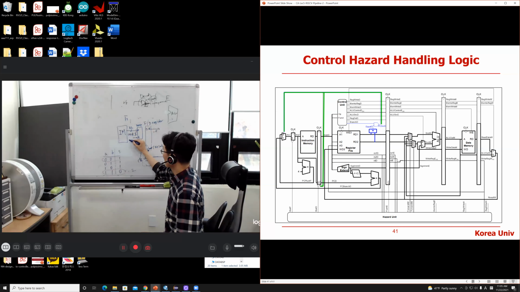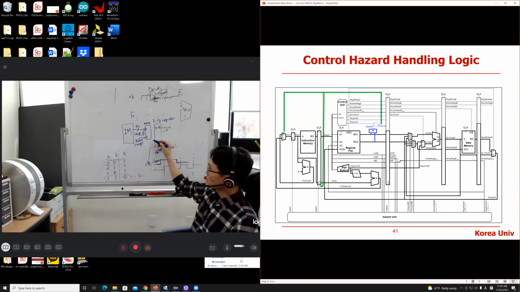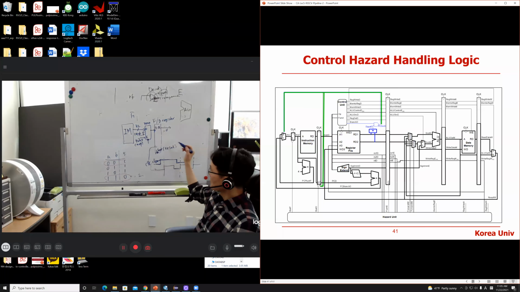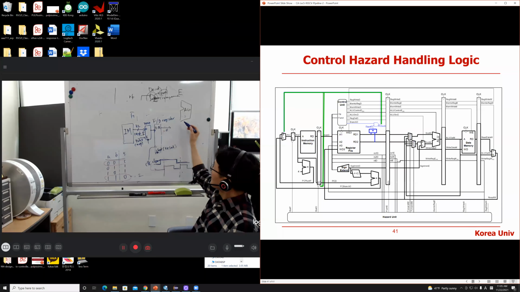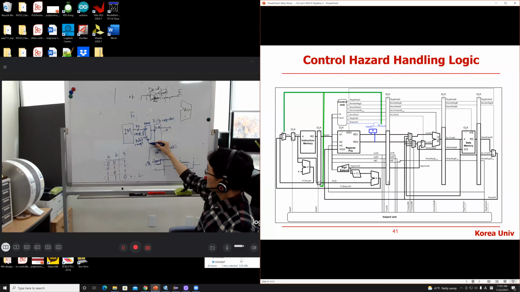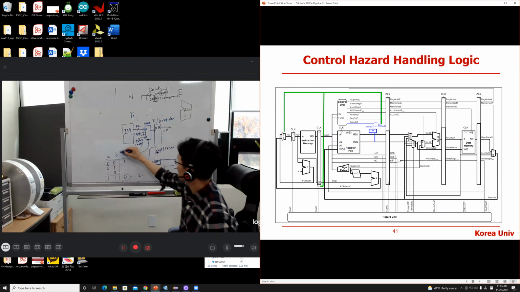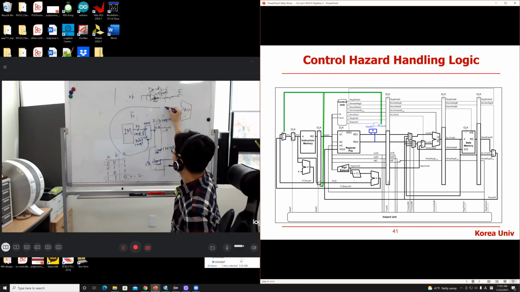Then the added multiplexer is connected to this register. Adding a multiplexer means you need a control signal, right? A selection signal. So you can connect the flush, the comparator output, to that multiplexer.